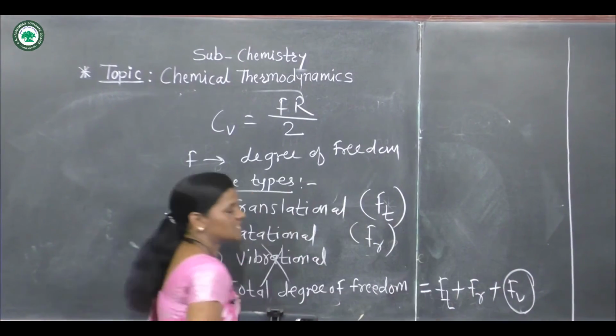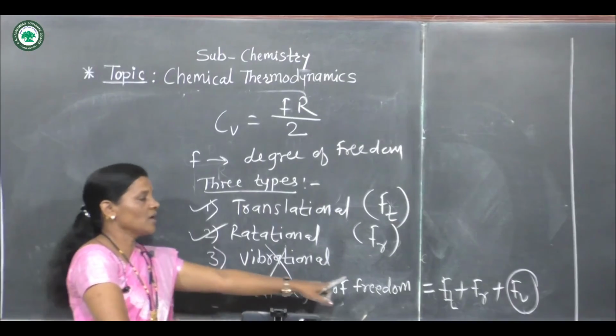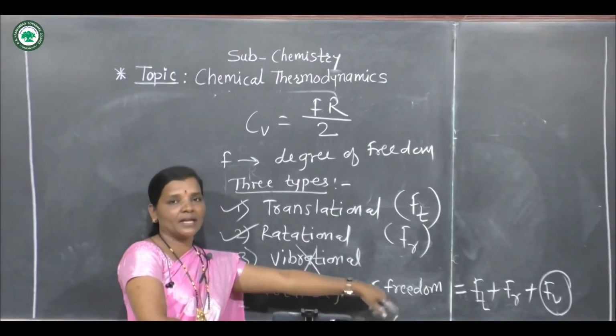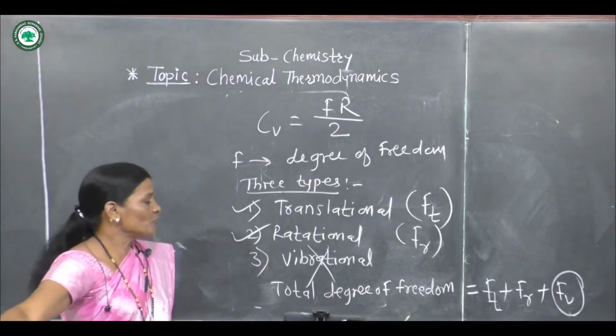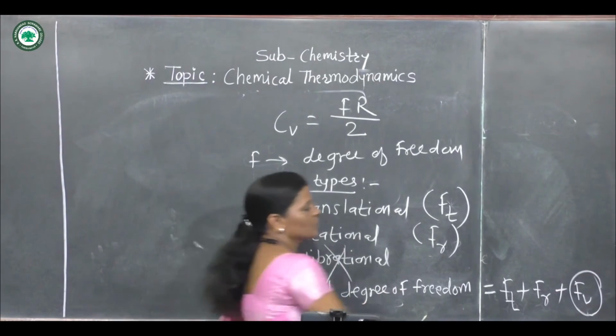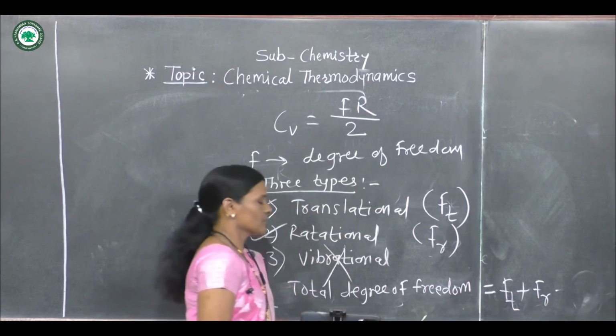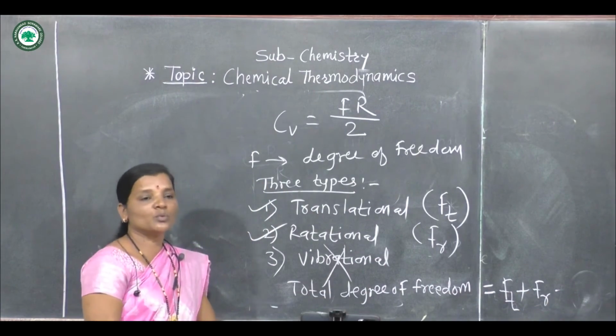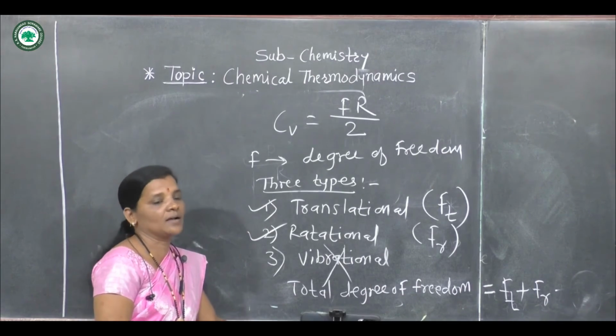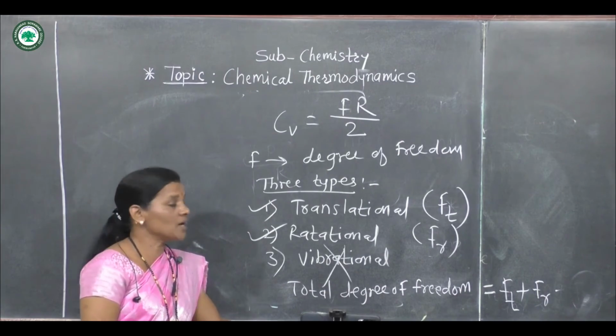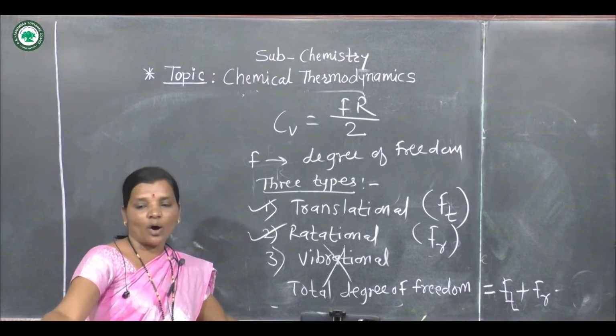But here we have to discard this FV because we are only concerned with FT and FR. So total degree of freedom is equal to FT plus FR.